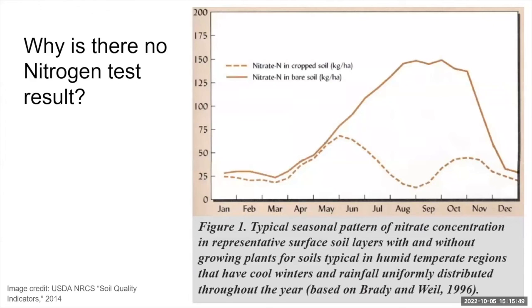Nitrate leaches pretty easily because it's an anion. So you might take a soil sample in the fall to prepare for your growing season next spring, and by the time you get around to the spring, that nitrogen level is going to be completely different than whatever you tested in the fall. So it's not usually useful information.